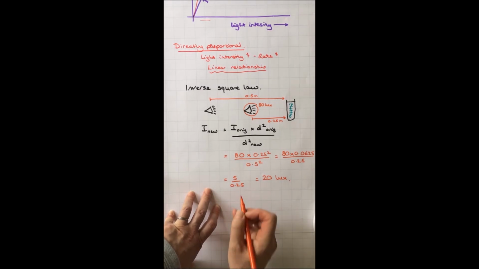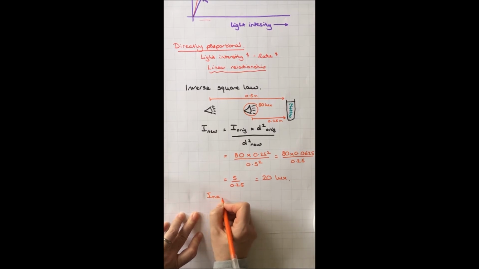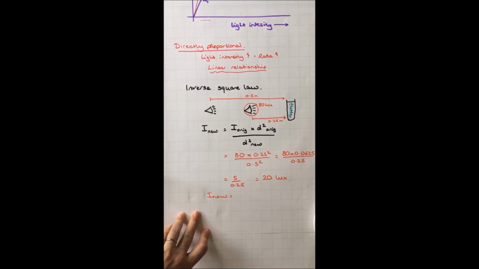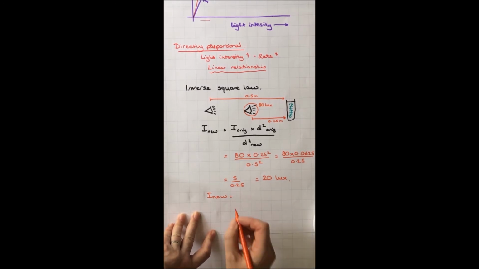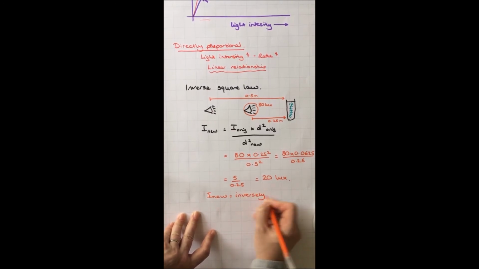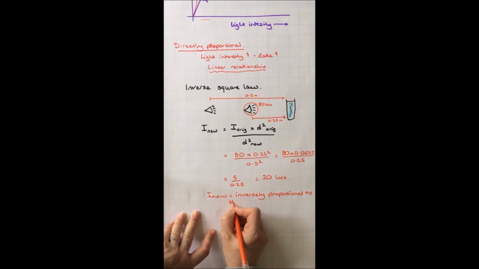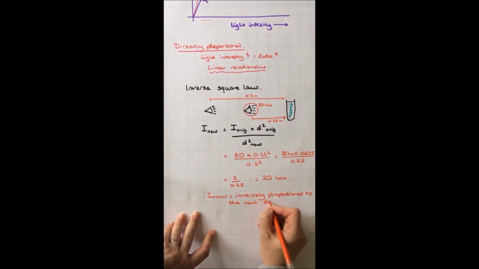What that shows us is that my light intensity is inversely proportional to the new distance squared.